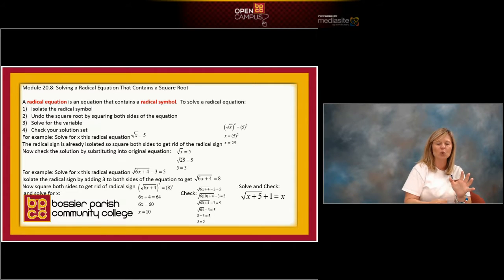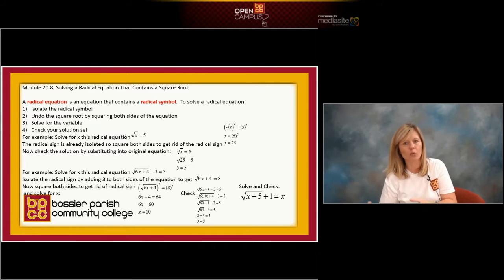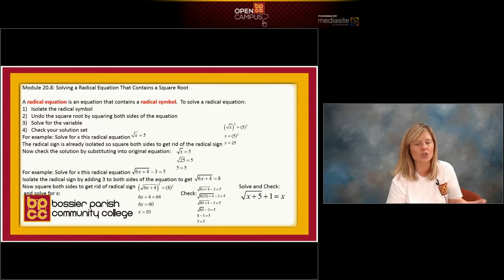What is the opposite of square rooting? Well, the opposite of a root is an exponent. The opposite of square rooting would be the square. So to get rid of the square root, we're going to square both sides. And that would keep balance. Once we get rid of the root symbol, then we'll look and start putting like terms together and getting x by itself.